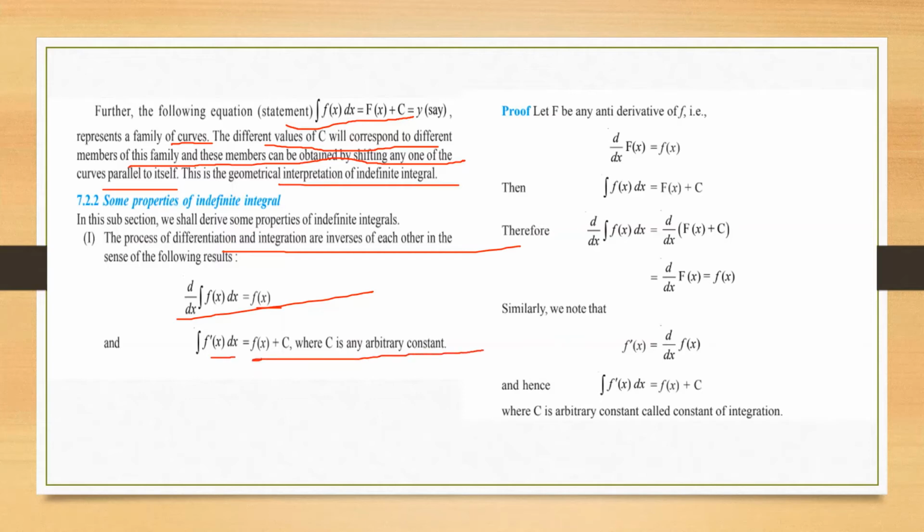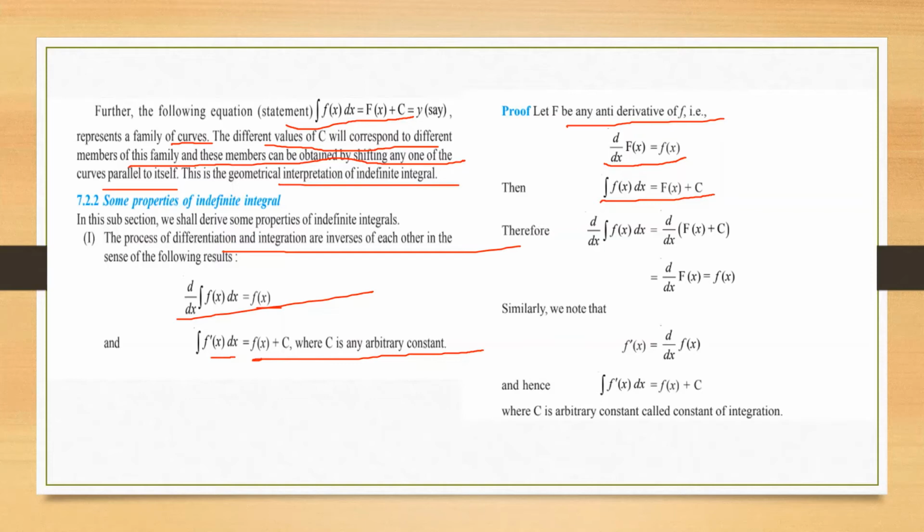So how will we prove it? Let capital F be the antiderivative of the function f. So d/dx of F(x) is f(x). Now if I take the integral f(x) dx equal to F(x) plus c, and take d/dx on both sides, d/dx of this complete expression will be equal to d/dx of the other.